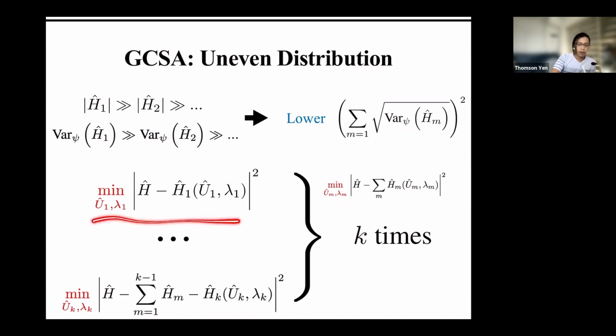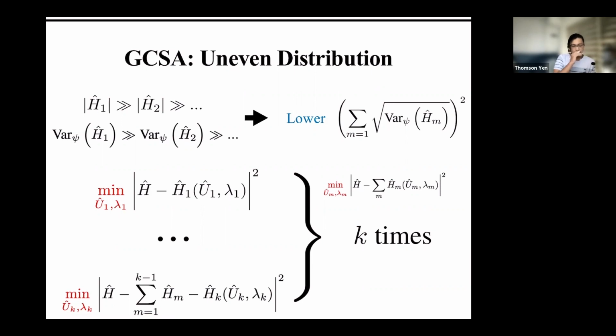So you do this first, and after you have done the minimization, at the small k step, you fix the previous choices of the HM that you converged to, and you just focus on minimizing the current fragment. And you do this until converging, until all of your fragments sum up to the Hamiltonian.